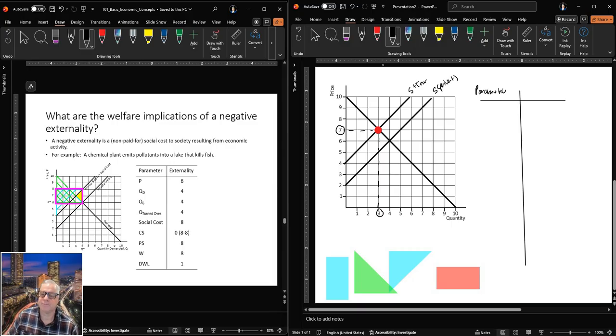Okay. So now if we do a welfare analysis, and by the way, that idea of a tax is known in the literature as a Pigou tax solution. Pigou, P-I-G-O-U, Pigou tax, that is equal to the social cost. So in our case, equal to the 2. Okay, so now what do we know? Well, the price obviously is 7.